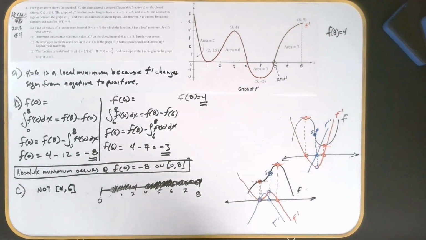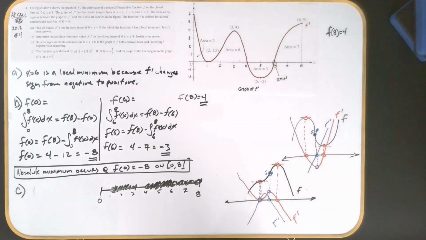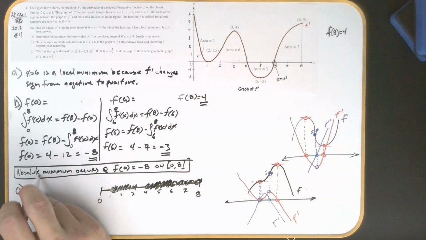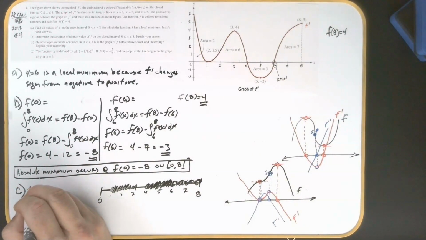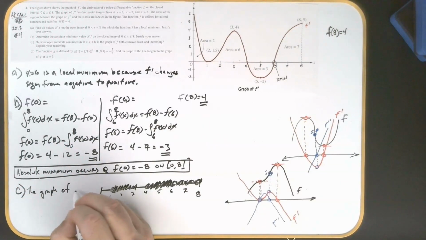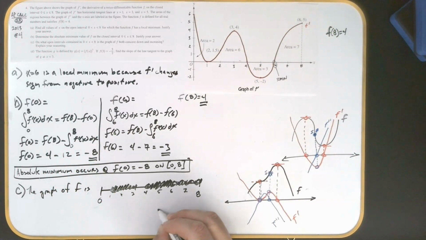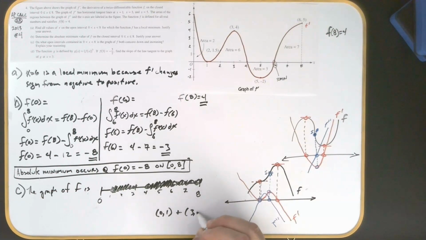Okay, so now that I've got this, I'm going to tweak my answer here and say, the graph of f is, and on here, I'm going to put my interval here, 0 to 1 and 3 to 4, just to remind myself.